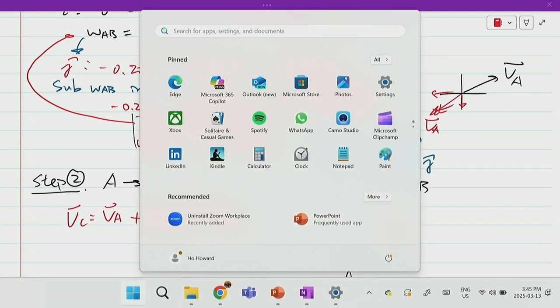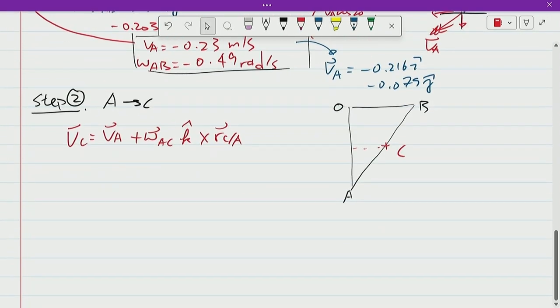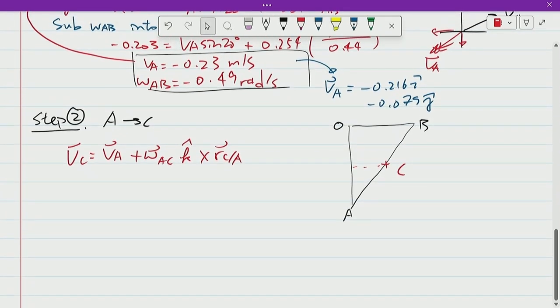You don't even need a similar triangle. It's just a midpoint, so you can just do x divided by 2, and also the height divided by 2 to get the relative displacement.